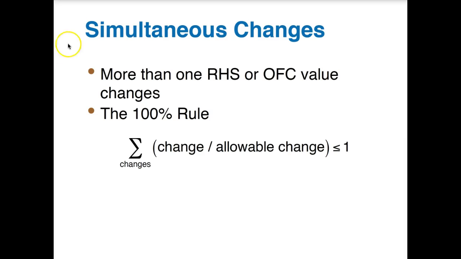And so we're going to look at an example of this to see what we're talking about. And the changes that we're talking about are the right-hand side coefficients of the constraint inequalities or the objective function coefficients.